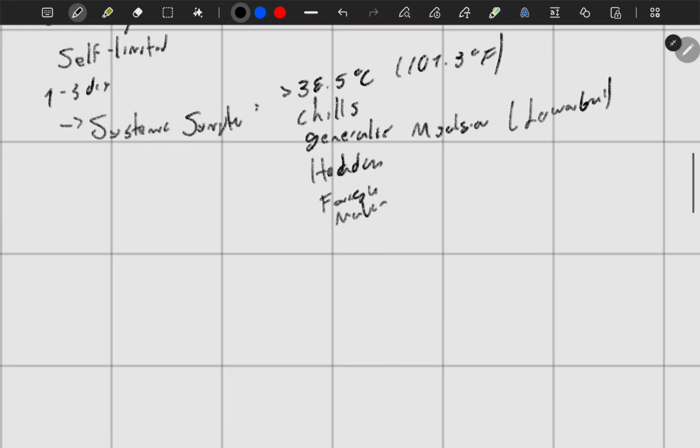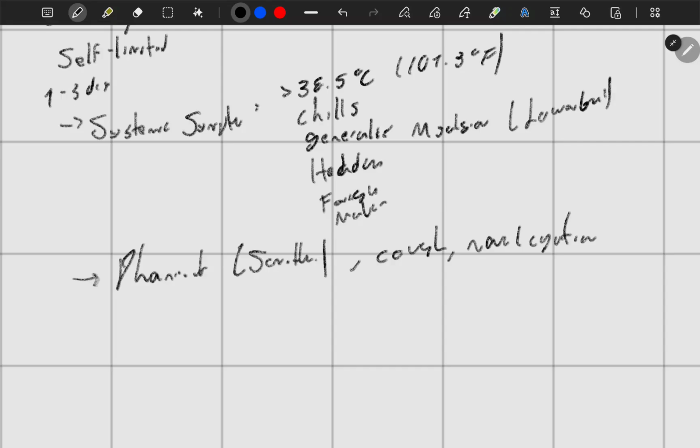And the upper respiratory symptoms. Remember that systemic symptoms are more pronounced than the upper respiratory symptoms. Nonetheless, we have upper respiratory symptoms like pharyngitis, that is a sore throat, cough, and nasal congestion with burning and sneezing.